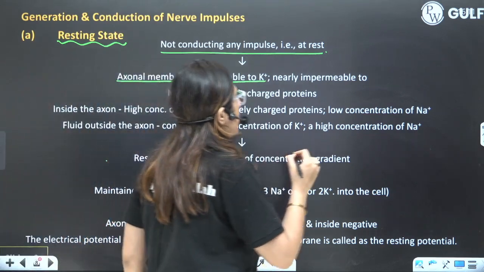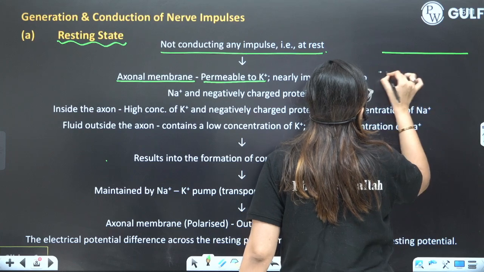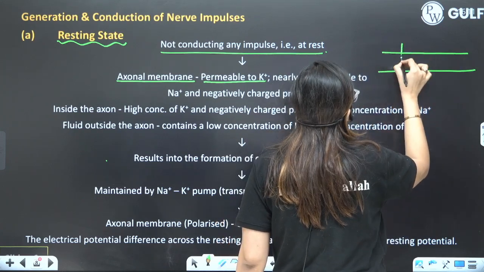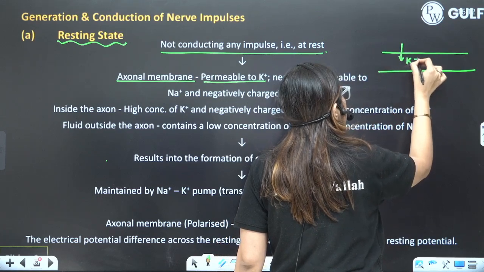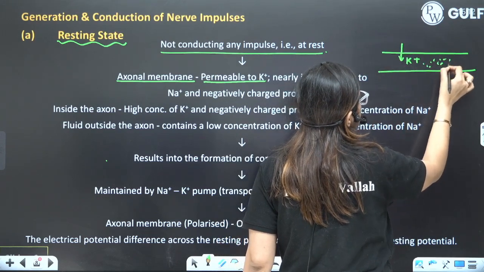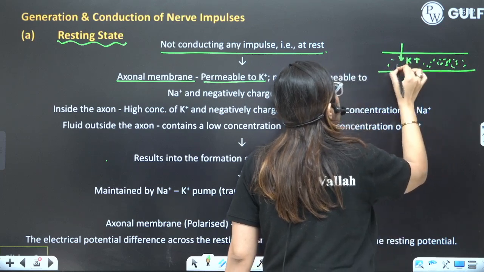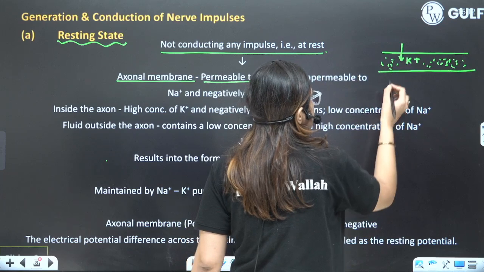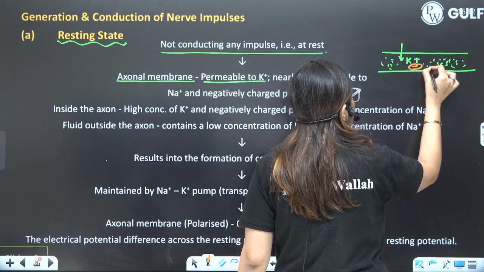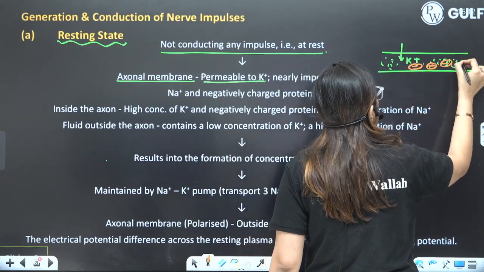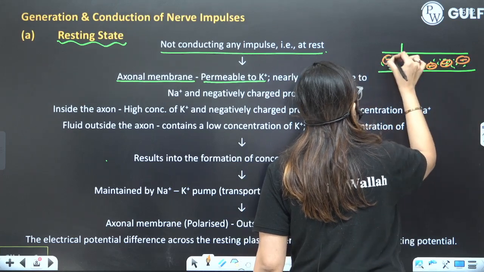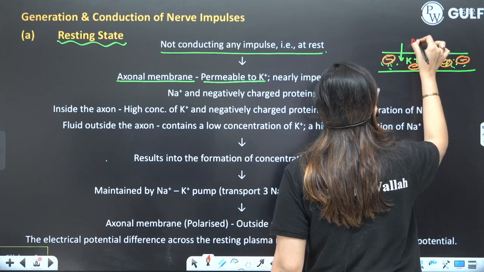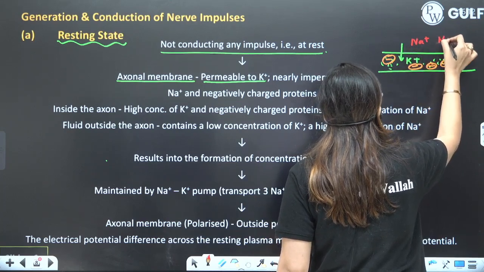Now this is a neuron, and it is permeable to K plus. K plus leakage channels are present, due to which K plus is more towards the inside, and inside there are some negatively charged proteins. And it is impermeable to sodium, so sodium is present more on the outer side.